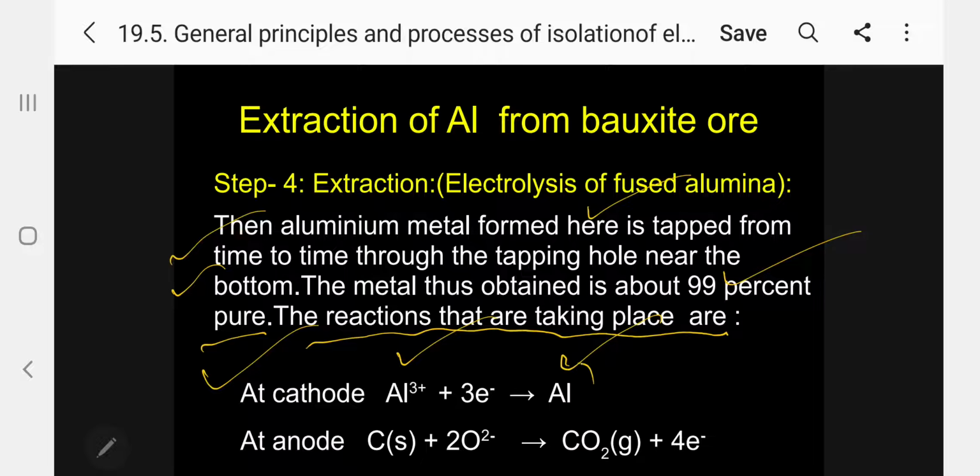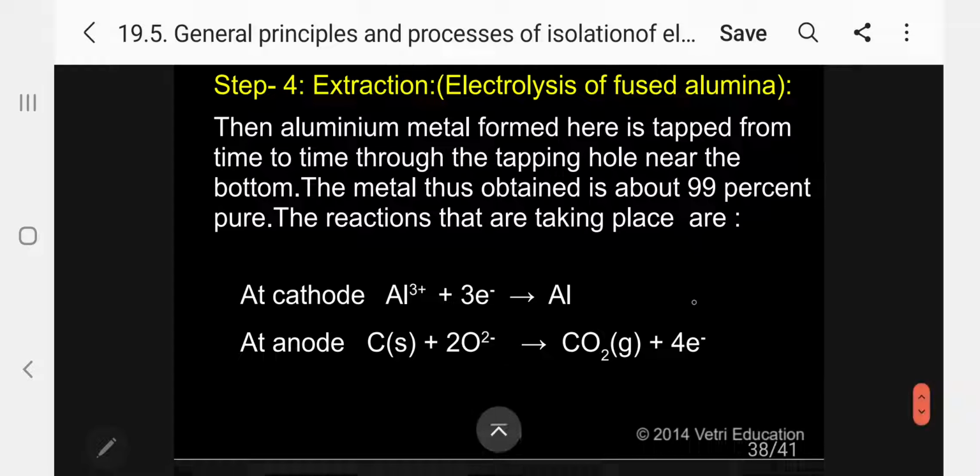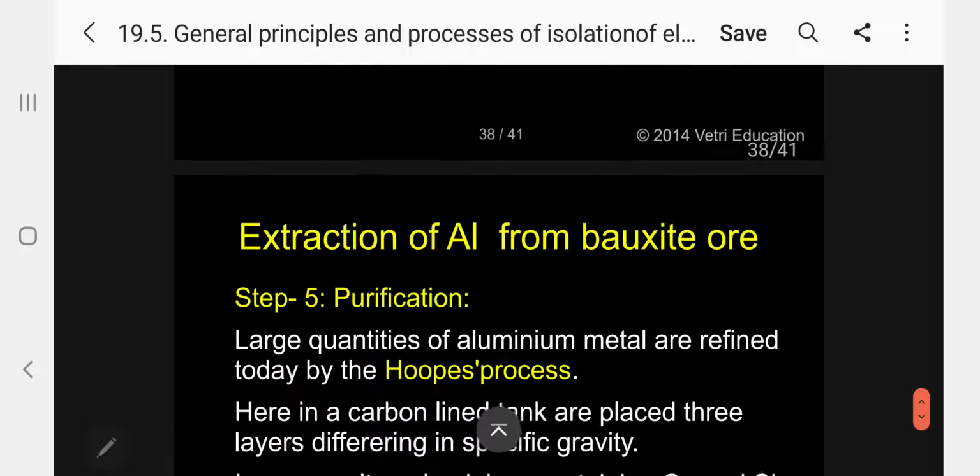Reduction takes place, aluminium is getting deposited. At the carbon anode, oxidation takes place, carbon dioxide is formed and electrons are released. So oxidation takes place at the anode, aluminium is deposited at the cathode. We are getting 99% pure aluminium.